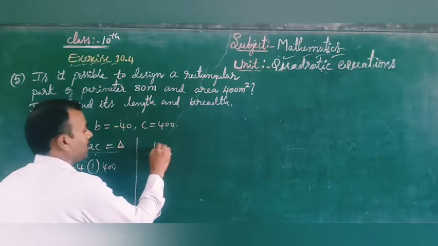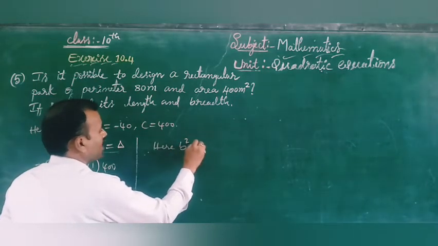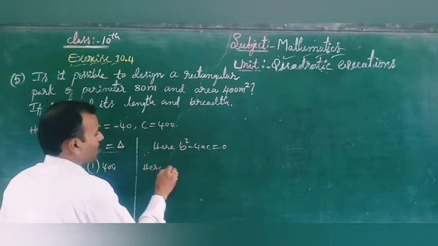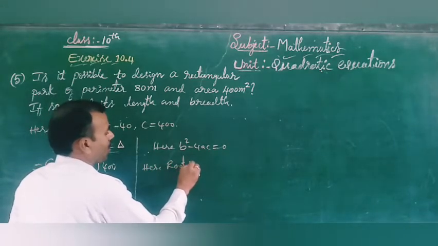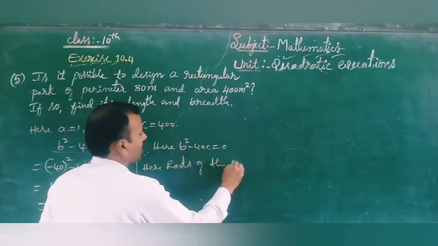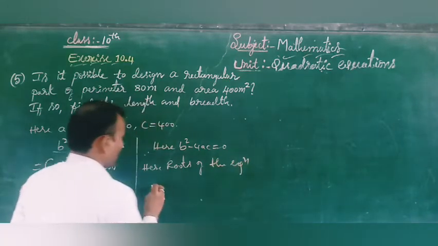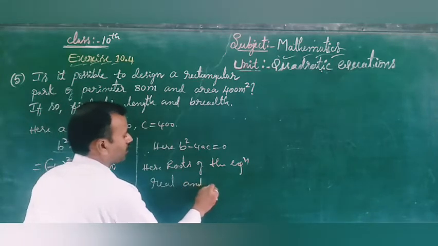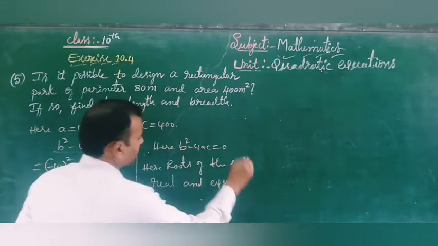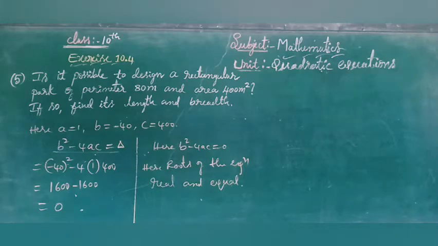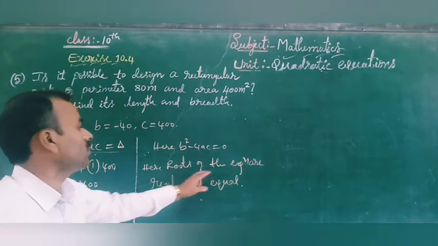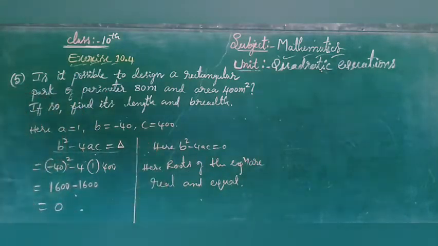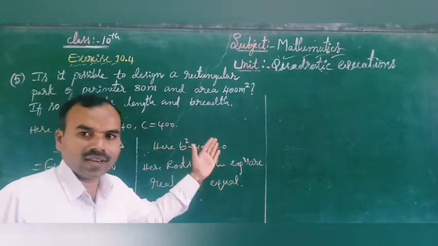Therefore, here b square minus 4ac equals 0. Here roots of the equation are real and equal.